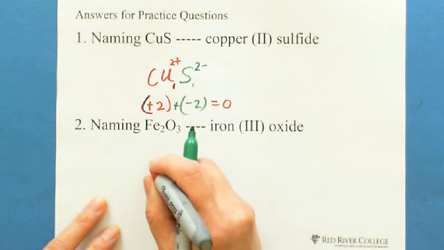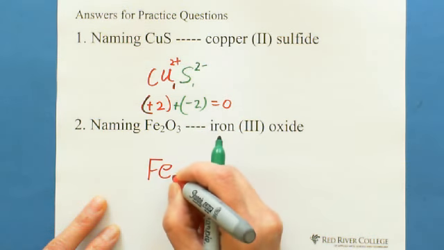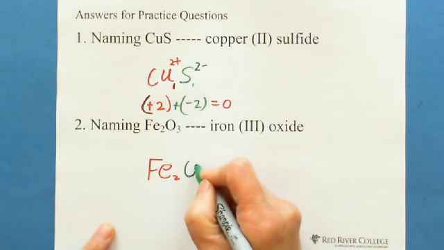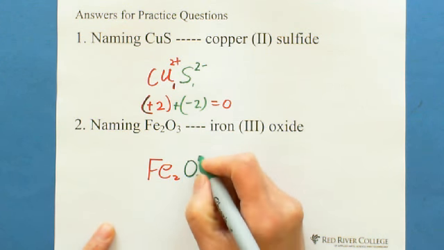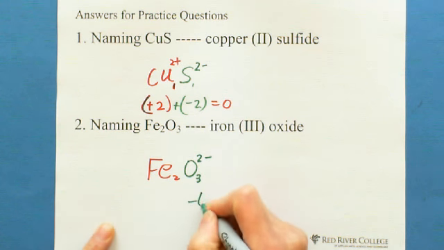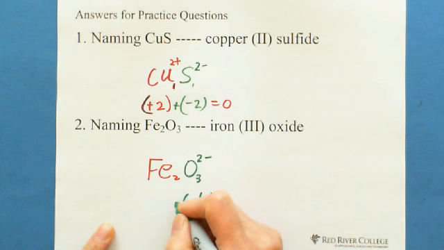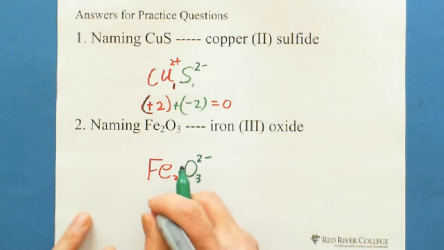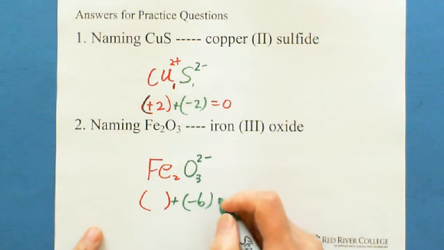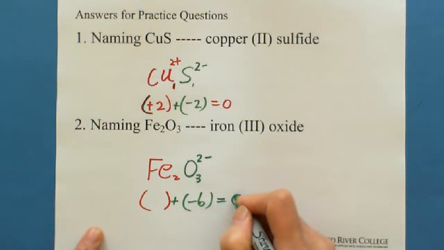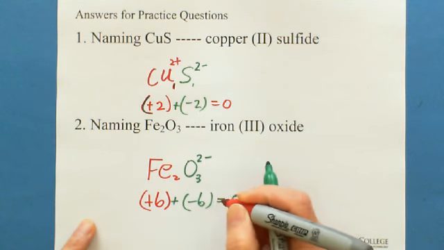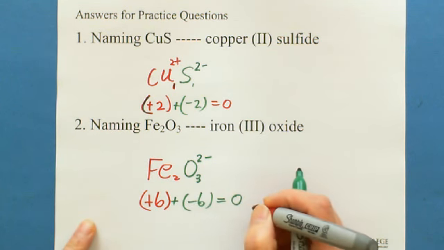Next, Fe2O3. We can write Fe with 2 ions, and oxygen with 3 ions. Because oxygen is 2 negative, the total is -6 charge. So what about the charge from iron, so that they can make 0? It has to be +6, +6 plus -6 equals 0.